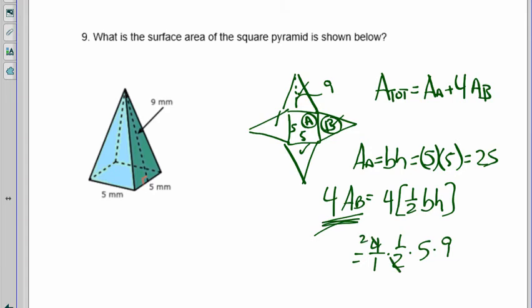I get 2 times 5 times 9, which is 5 times 9 is 45, times 2 is 90. So then my whole area is going to be, from before, 1 of the area A's, plus 90, that's 4 of the area B's, and I get 115 millimeters squared. There you go.